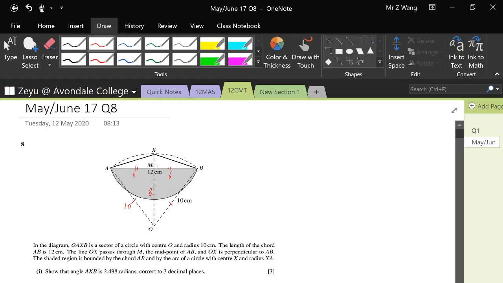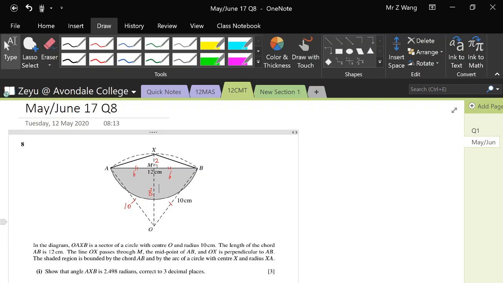So that means XM is 2, because they add up to a radius. Then it becomes very clear, because this is a right angle triangle with XM 2, AM 6. Then we can work out AX, and then that angle you can calculate.